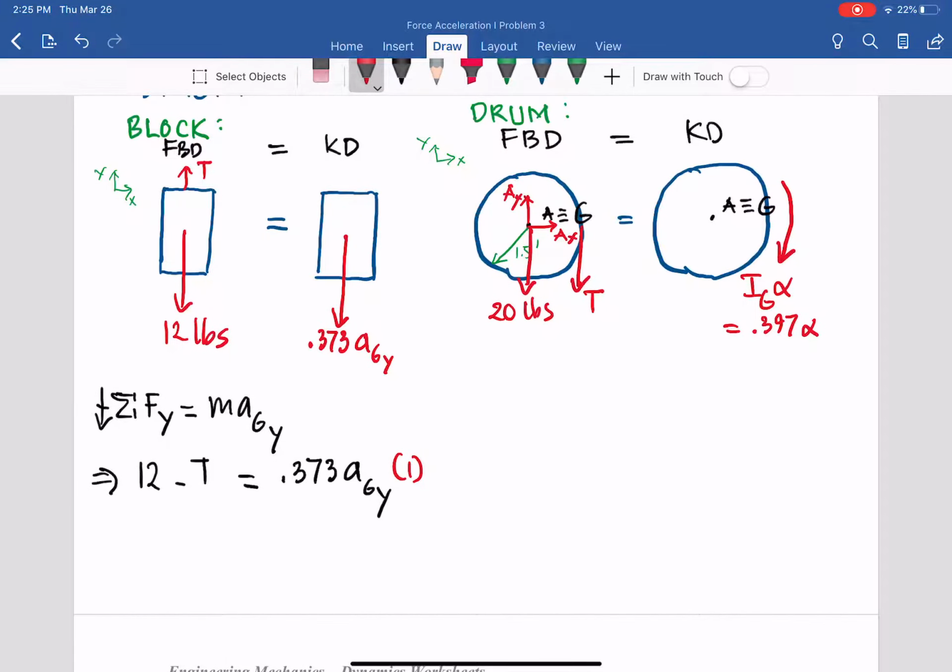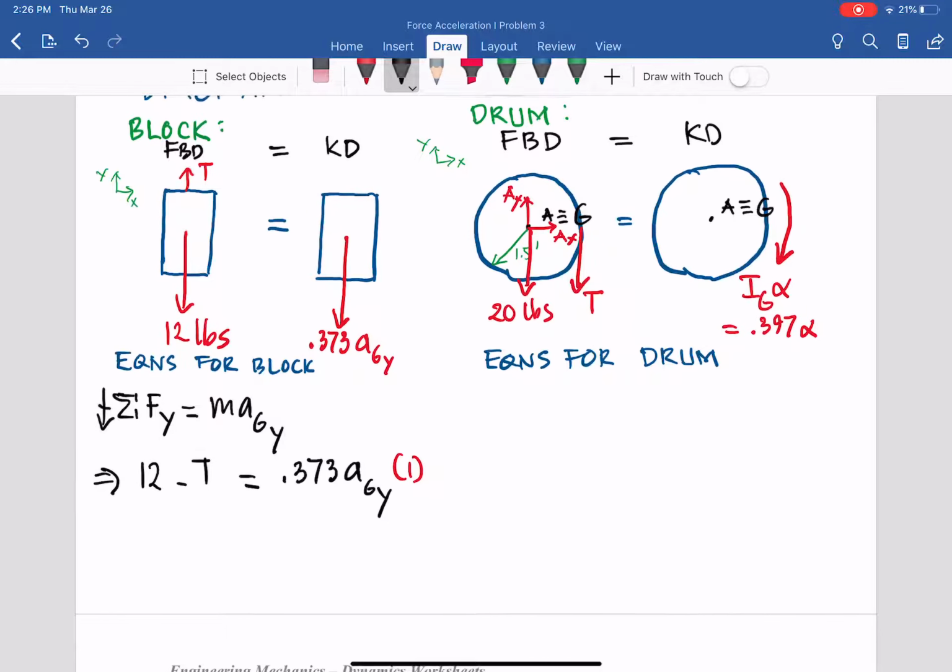Now for the drum, you have 3 equations. Let's write down the equations for the drum.